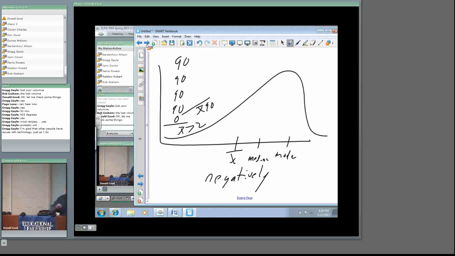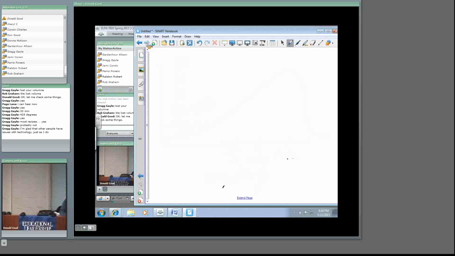Another kind of example, and I'm going to wrap it up here before too long. When you watch the economic news, and they give the real estate reports, they talk about housing prices, and they're pretty good about this. They typically do not report the mean house price. They report the median house price.